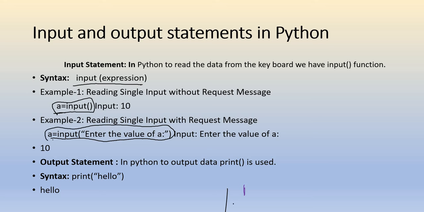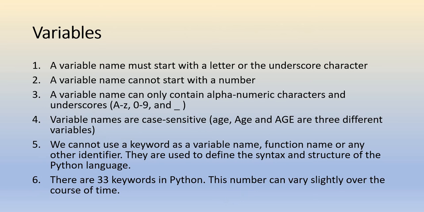The user is prompted to enter the value, so he enters the value a, and that value will be stored in the variable a. And for output, the output is the print statement, print followed by parentheses. If you give hello in the print, then hello will be printed. These two are the most widely used input and output statements in the Python programming language.